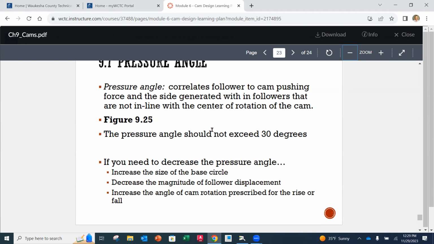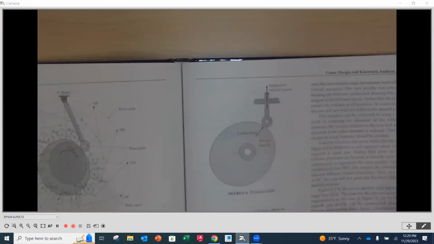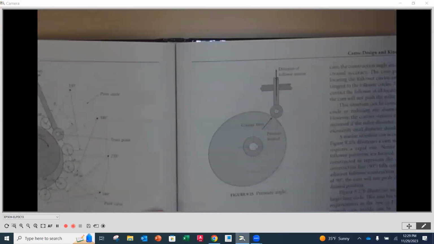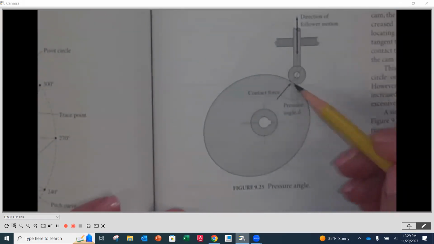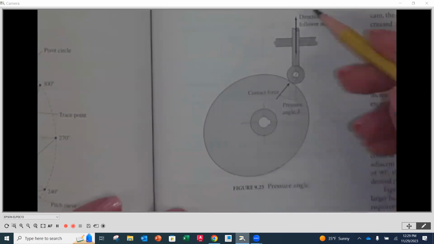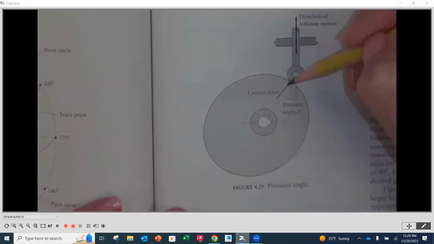So if we look at figure 9.25 here, you're going to notice that when we're rotating and we look at our contact force, it'll be perpendicular to the actual surface of our cam.